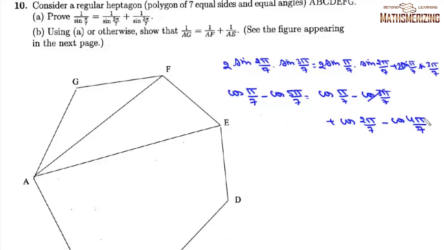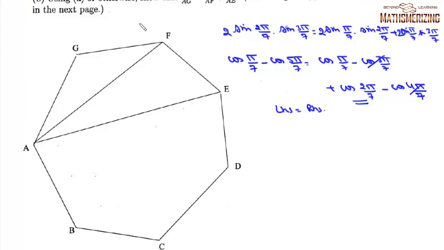So these two expressions will cancel, and cos(2π/7) is minus cos(5π/7). So this left hand side is equal to its right hand side. So we have proved that 1/sin(π/7) equals 1/sin(2π/7) plus 1/sin(3π/7).